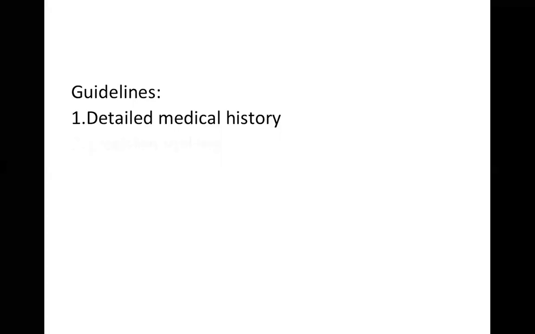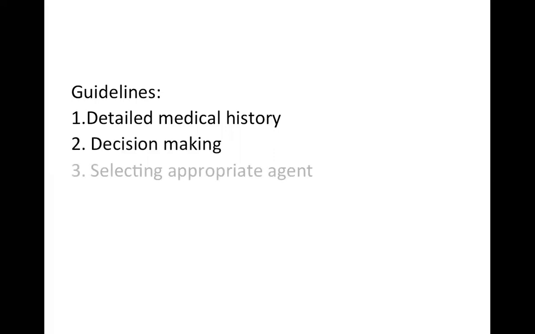It's a big blunder if you give the medication without taking the medical history. Then decision making: which kind of medicine you want, what level of sedation is usually required, how many doses are required. This is also important depending upon the age and weight of the child.